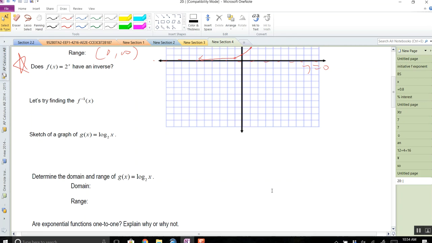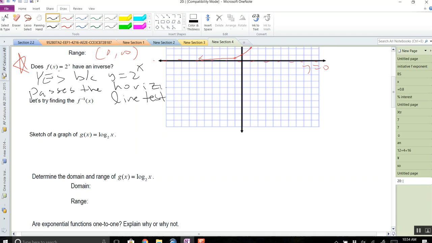First off, the question is asking, does 2 to the x have an inverse? The answer is yes. That's because y equals 2 to the x power passes something called the horizontal line test. We did talk about this last semester, but we may have forgotten. What is the horizontal line test?